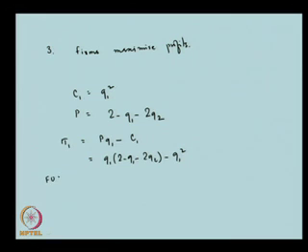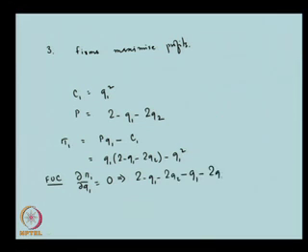So the first order condition is this. From this we shall get this, and if we simplify this, then what we get is Q1 is equal to 1 minus Q2.